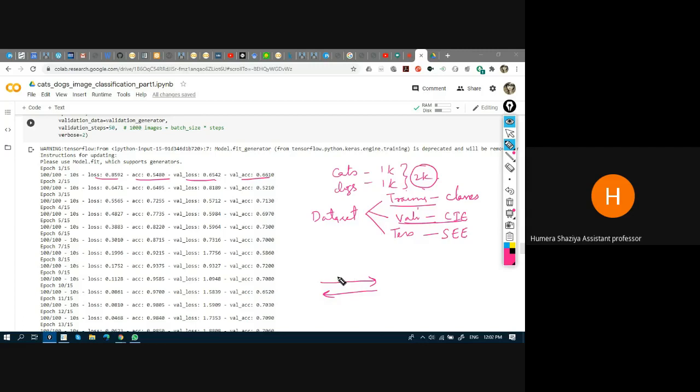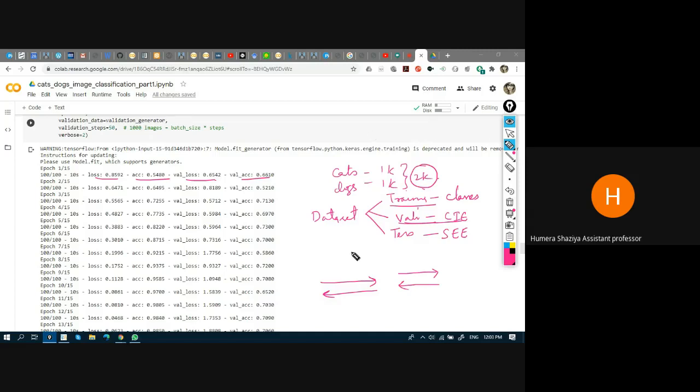Every data sample is given to the network, and it moves from input to output, and also gets back from output to input. How many such iterations you would like to have depends on the batch size.